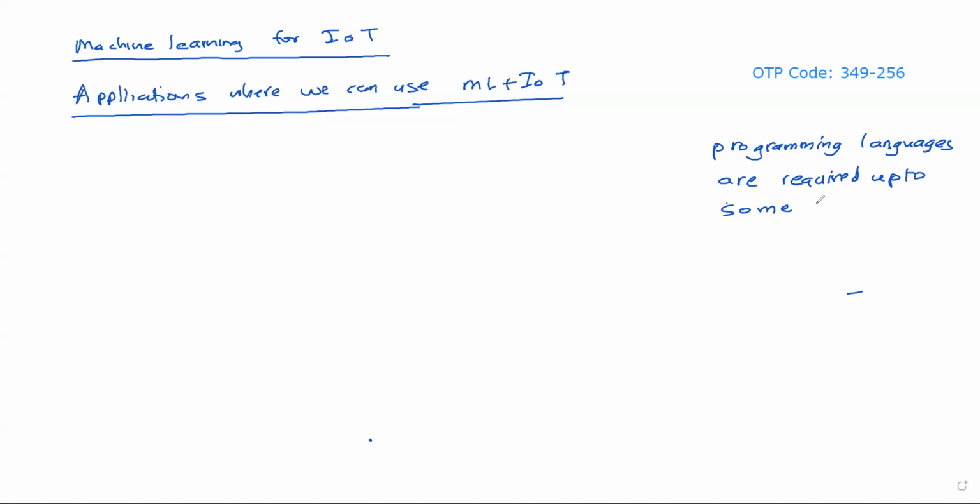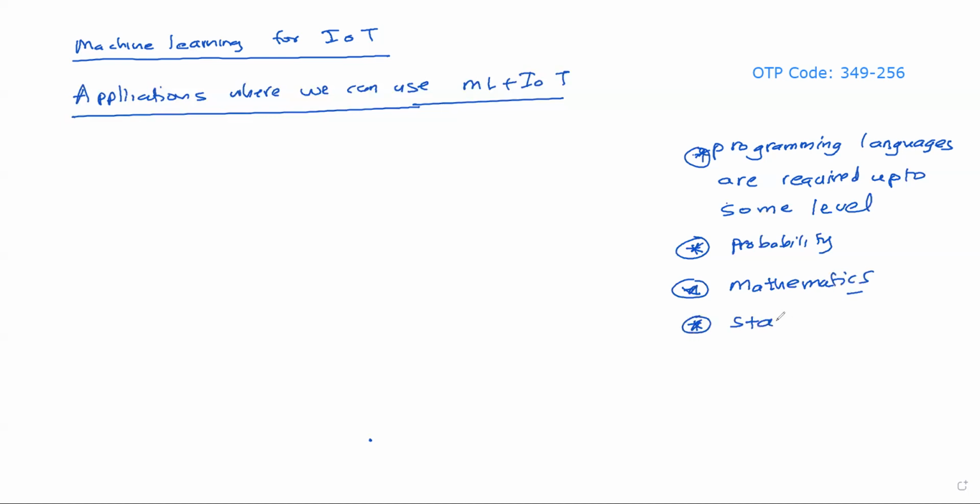Up to some level you need programming languages, but mostly not only programming knowledge, you need knowledge of probability, mathematics, and statistics.